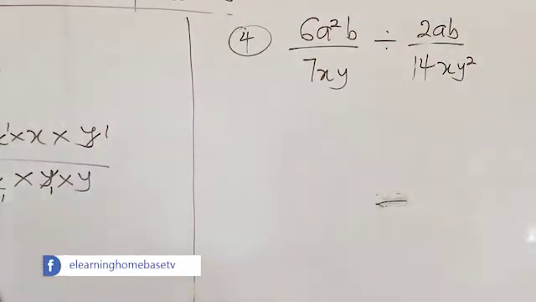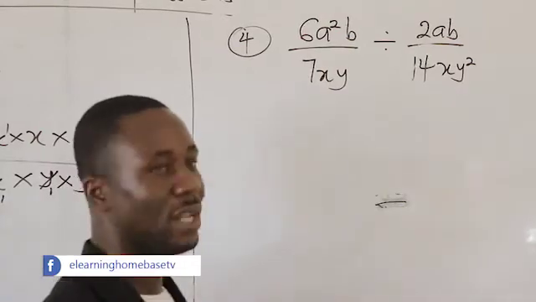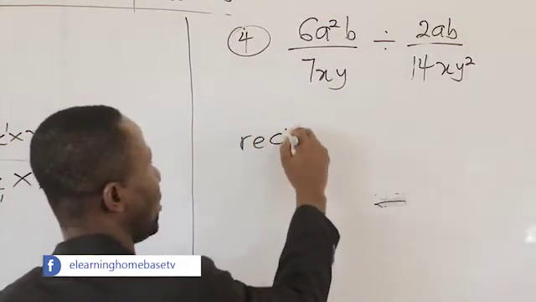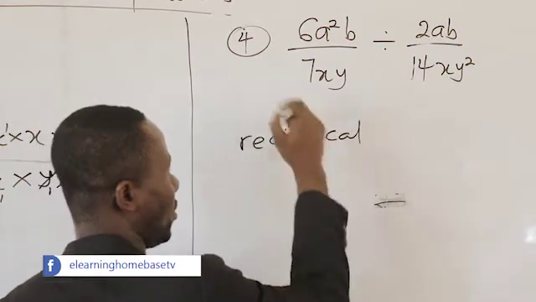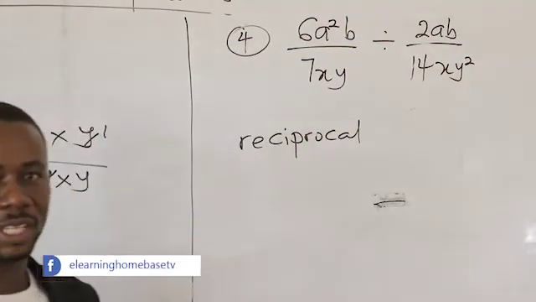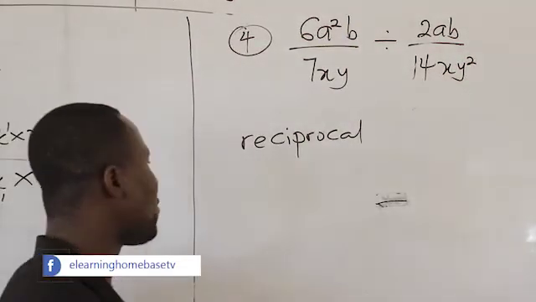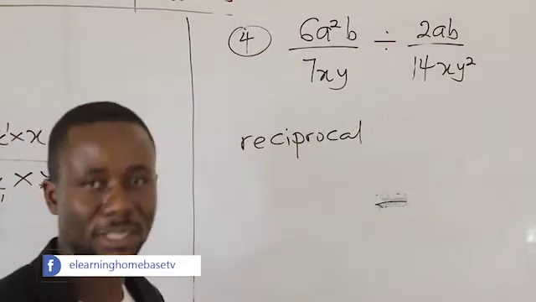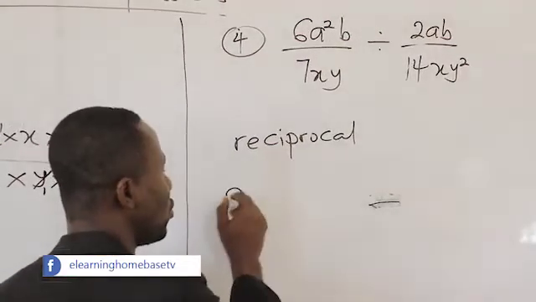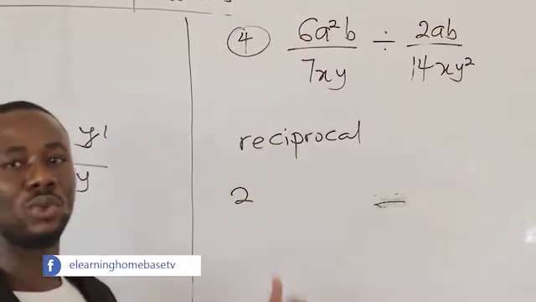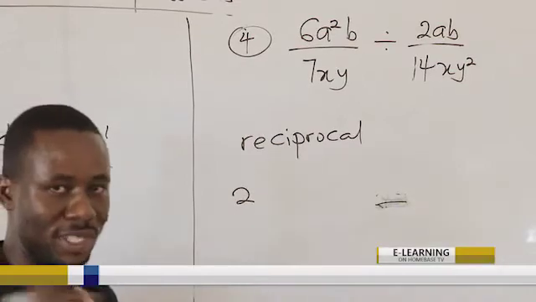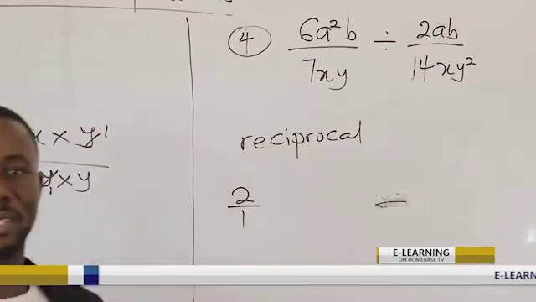And then let me take this opportunity to explain the word reciprocal before we solve. Reciprocal. If you have any whole number or fraction, if I pick 2, 2 is a whole number, but I can express 2 as a fraction, which will be the same as 2 out of 1.